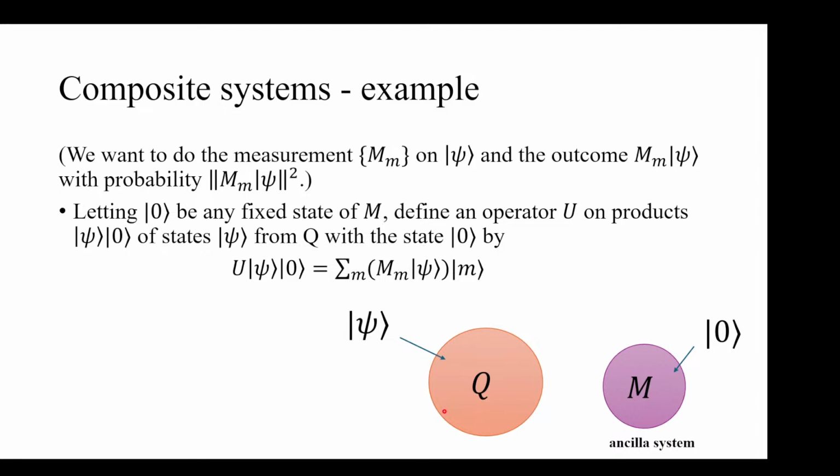So our quantum system is larger. It is now Q tensor M. Now we think about what we want to do. Remember, we want to do measurement N sub small m on this state, and so the outcome should become N sub small m psi, with probability being this vector squared.